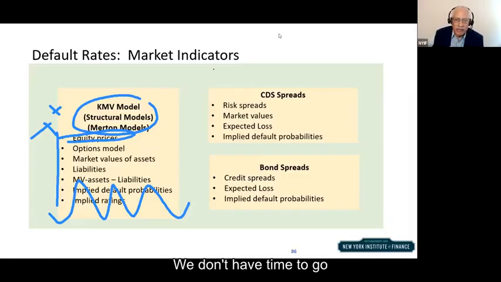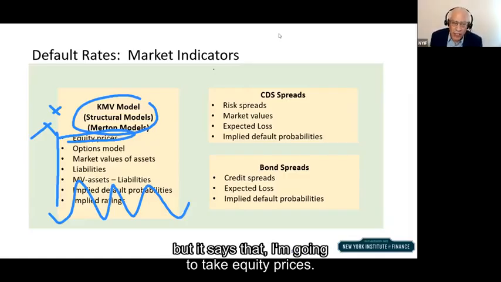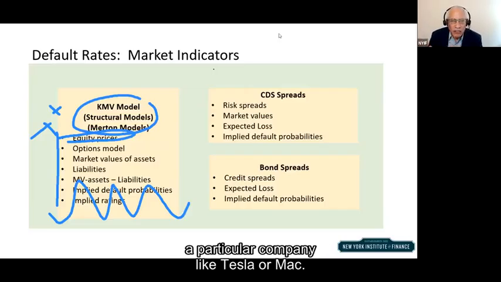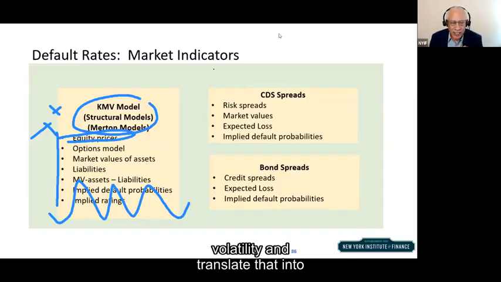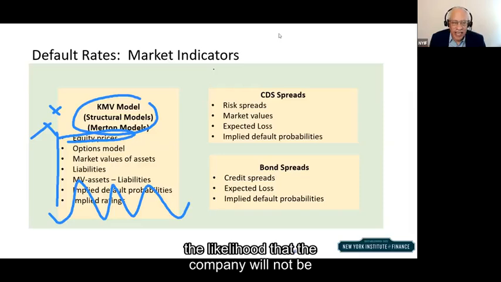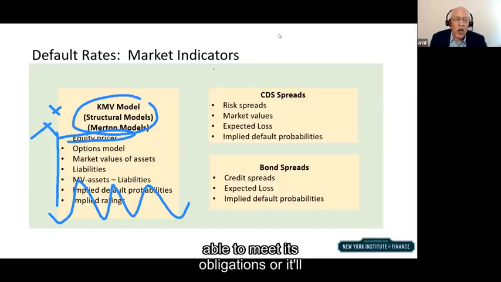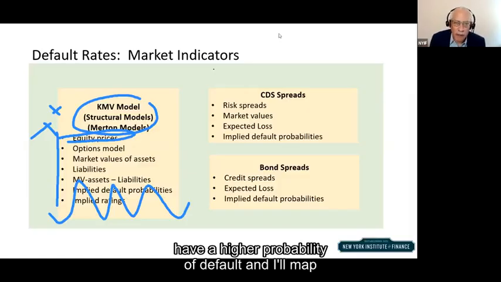Now, we don't have time to go into the details of that particular model, but it says that I'm going to take equity prices. I'm going to take stock prices of a particular company like a Tesla or a Merck. I'm going to measure the volatility of that stock price. And I'm going to use that measurement of volatility and translate that into my notion that more volatility increases the likelihood that the company will not be able to meet its obligations, or it'll have a higher probability of default.